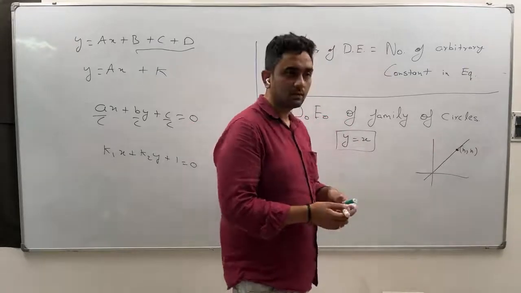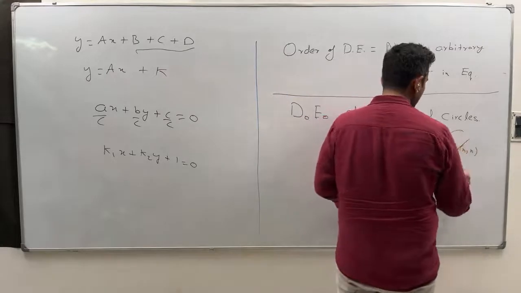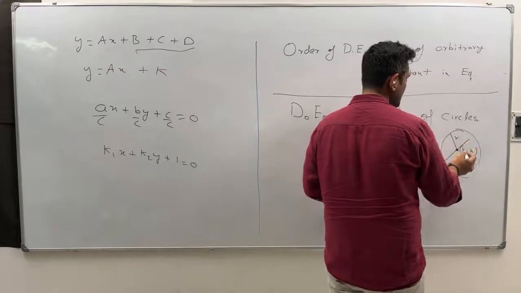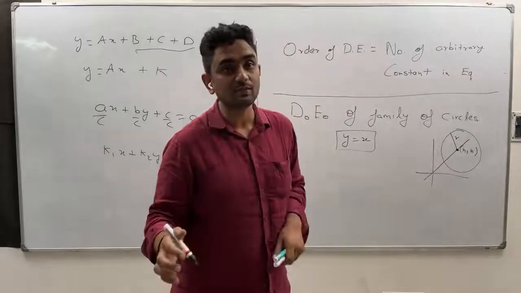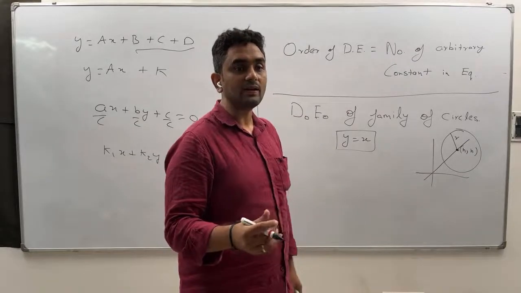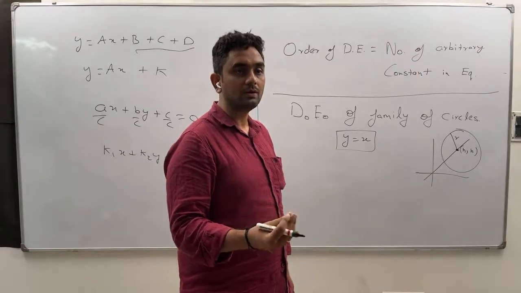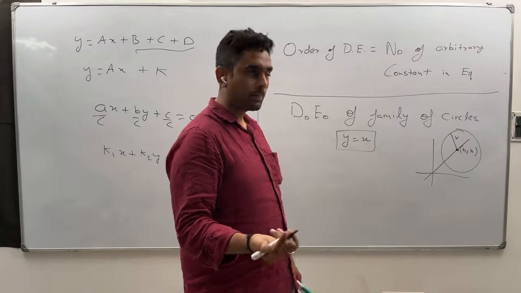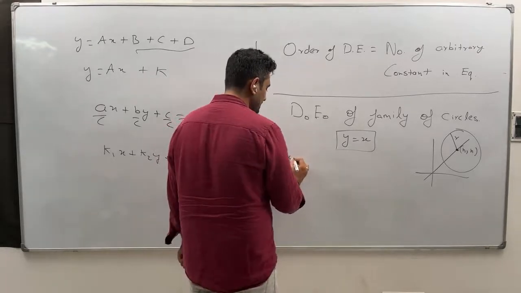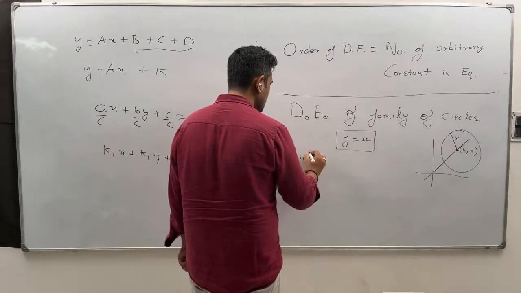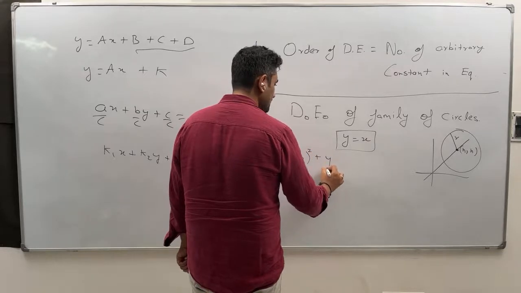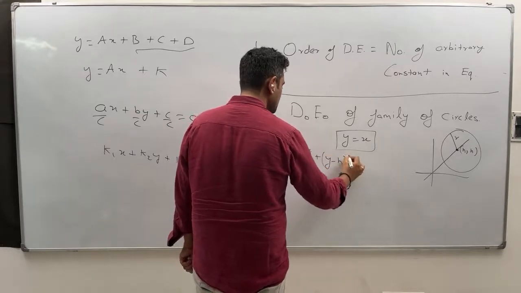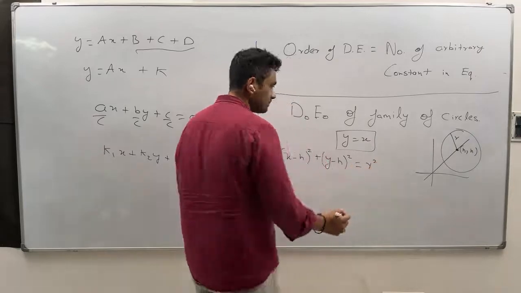So now, if let's say radius r is also an arbitrary constant because the radius is not given. If it had been given that the radius is 2, then it would have become a fixed constant. So now the equation will be x minus h whole square plus y minus h whole square equal to r square.